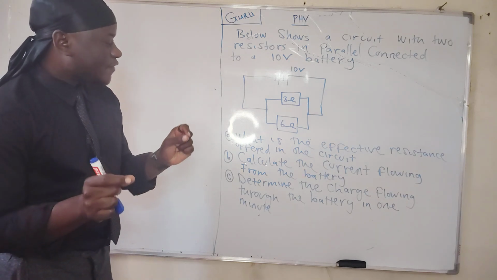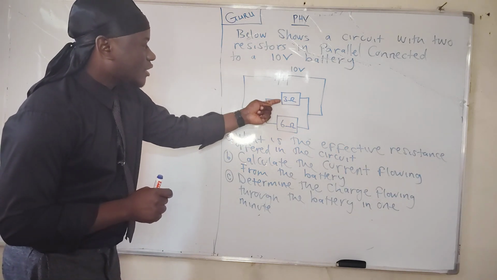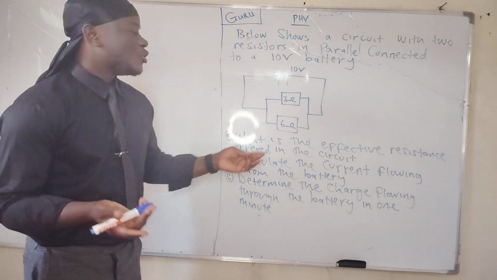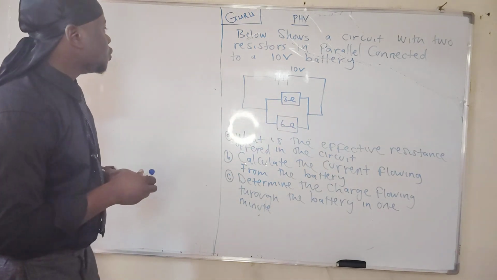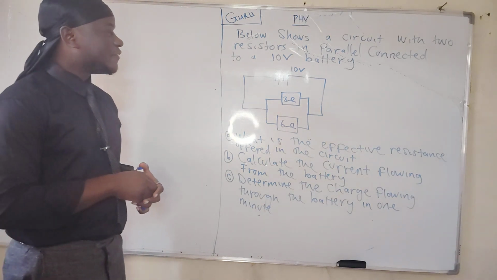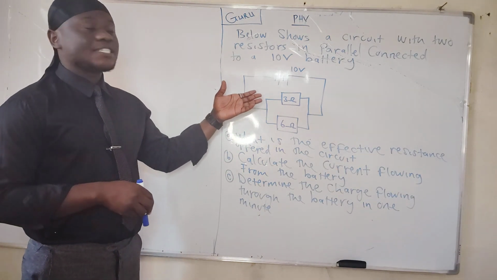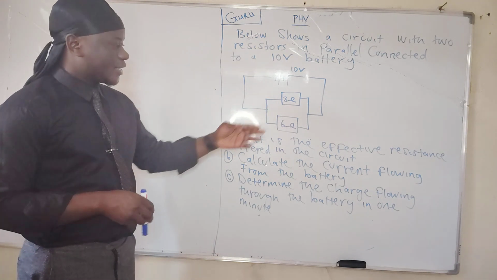If they say calculate effective resistance in parallel, you want to calculate the total here. You're not supposed to add 3 plus 6. When you're in series, look out for another video on series circuits. But this one is in parallel, so you're not supposed to add.